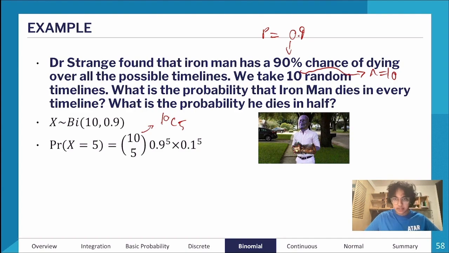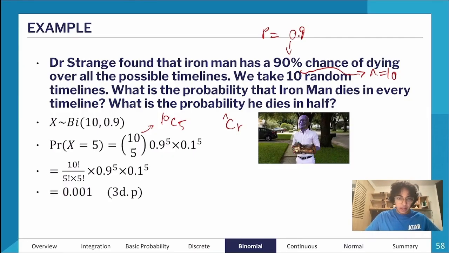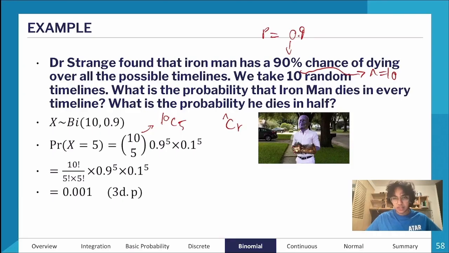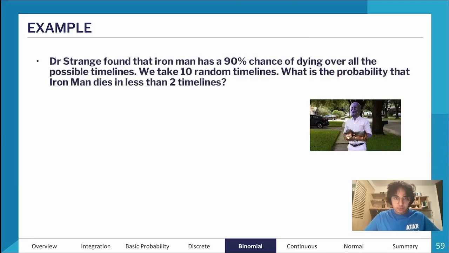It's the same thing as a factorial, like the combinations. So I sub that into my nCr equation, and then I sub everything else into my binomial equation. And I get 0.001 to 3 decimal places. Now, since this didn't really ask for any decimal places, it's probably better to just give it as an exact value. Okay.